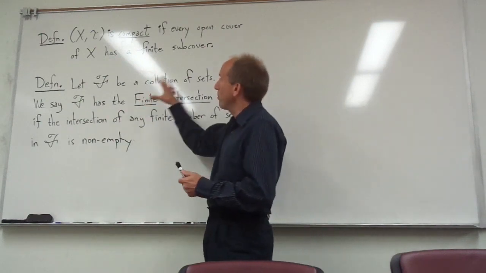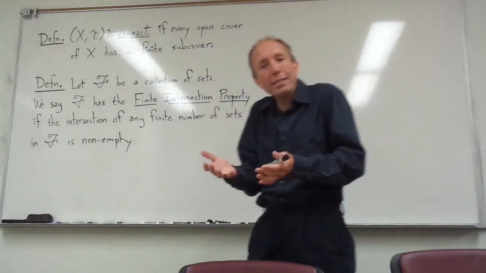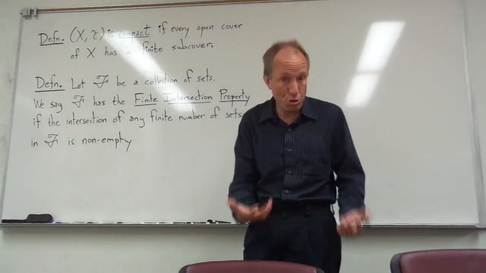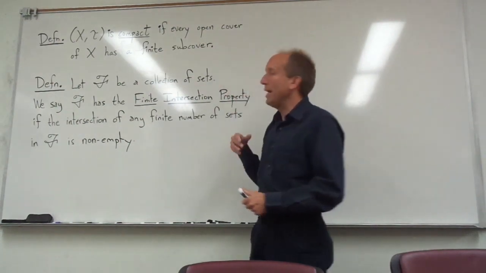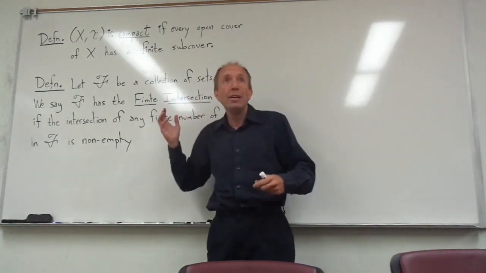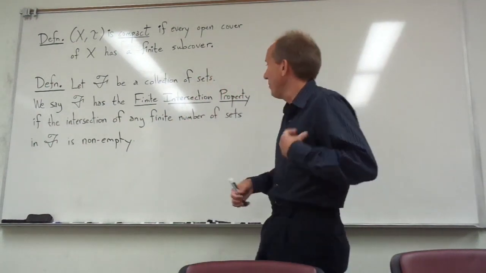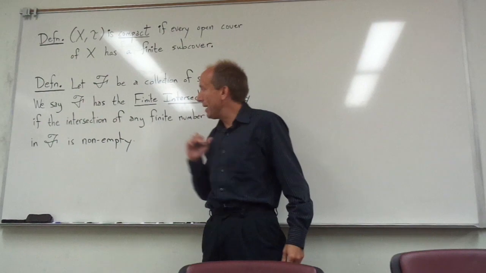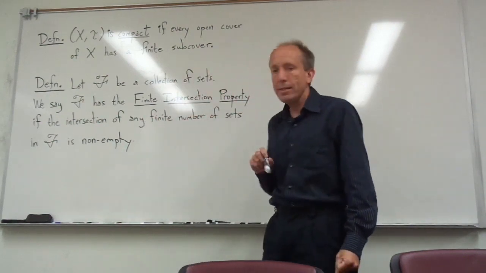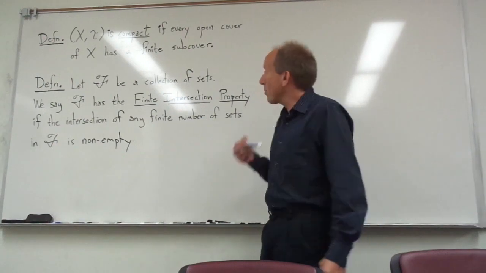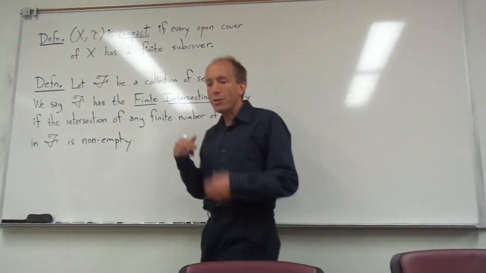So this is a property that applies to a collection of sets, and it may or may not be true, right? But if that collection of sets has this property that all intersections of finite numbers of the sets in the script F are non-empty, then F has what we're going to call the finite intersection property.